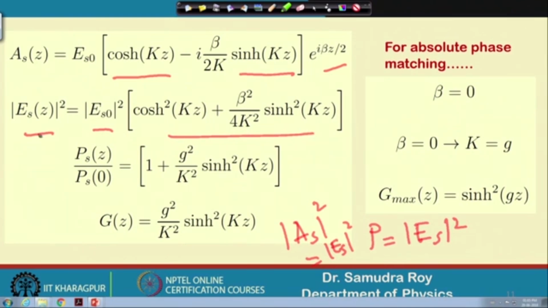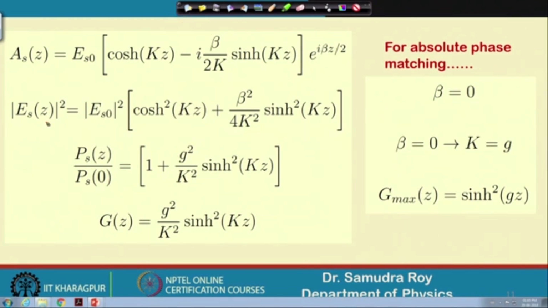So, if I make a ratio, then this ratio E_s(z) divided by E_s(0) square will give me the amount of gain. This is the efficiency: if I have P_s(0) as input and something at point Z, then if I make a ratio, we find that this ratio is greater than 1, that means we have some sort of amplification.